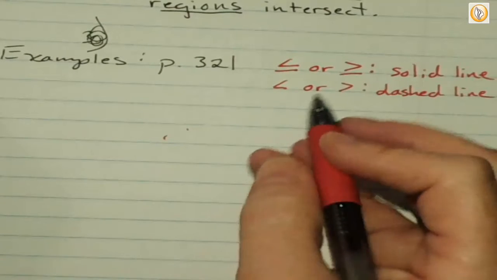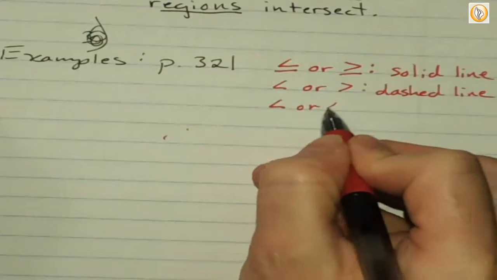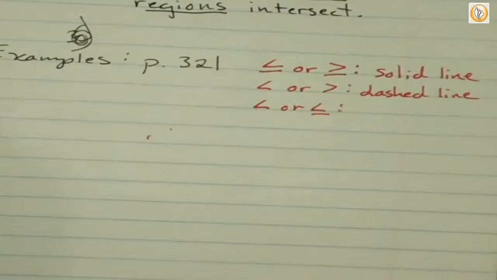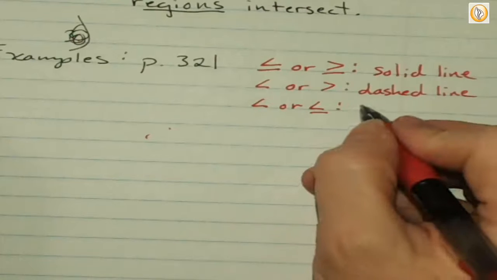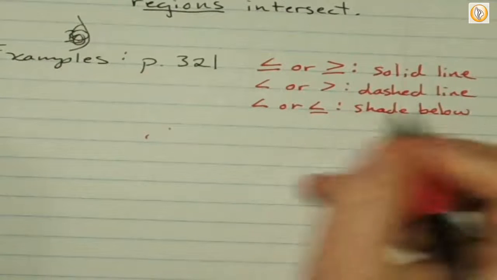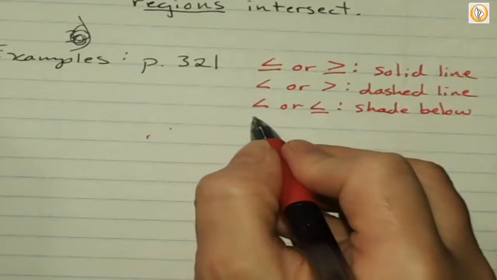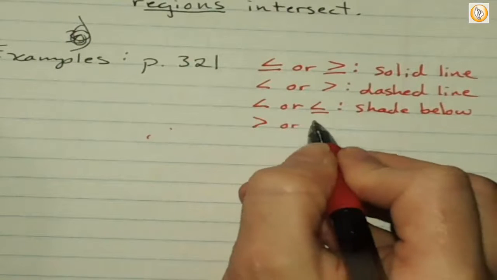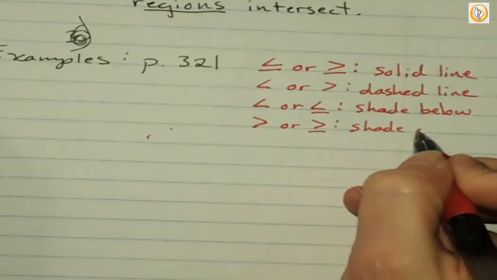One more thing. If it's like this or like this, do we shade above or below? Raise your hand. Gabby again. That's right. We're going to shade below. If it's less than or less than and equal to, we shade below. If it's greater than or greater than and equal to, we shade above.